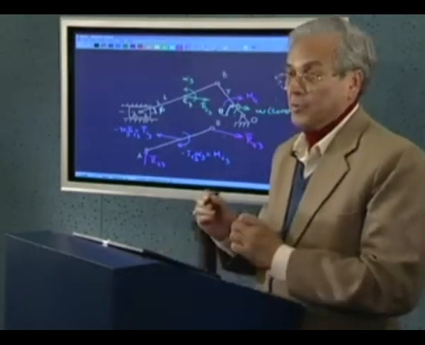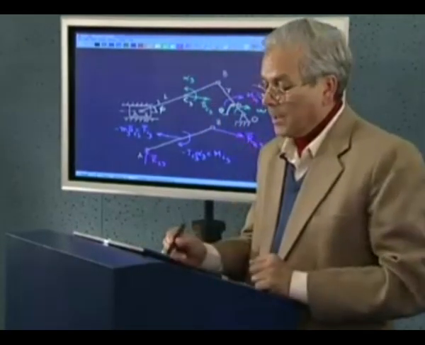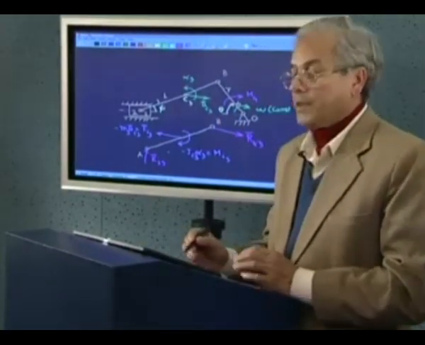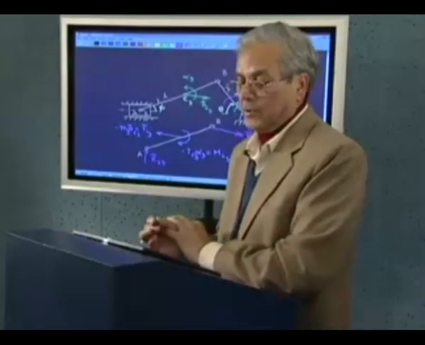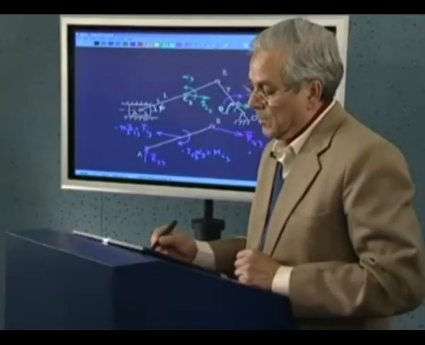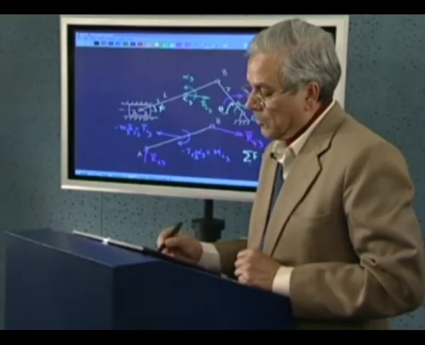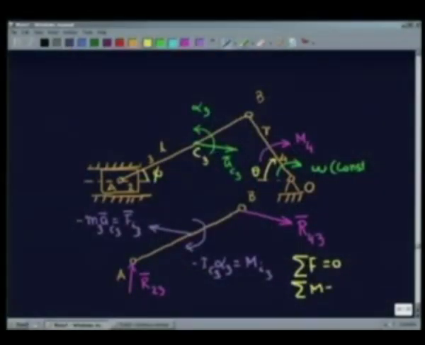We don't know these forces, but this reaction force, this inertia force, and this inertia moment will keep the system in static equilibrium. That means for this system, total force will be 0 and total moment will be 0. That is the condition.